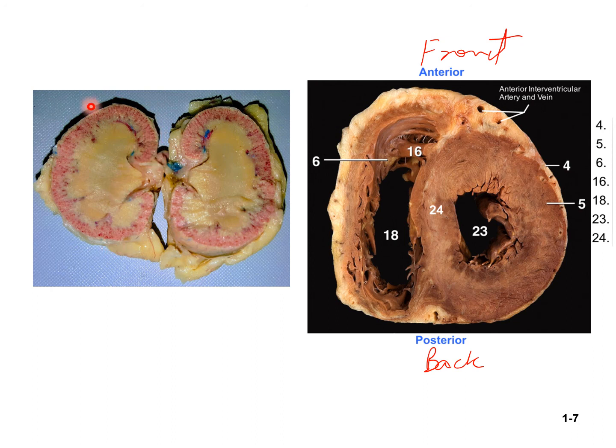The whole kidney looks like a kidney bean shape, right? So what you're looking at right now is the frontal or coronal section of the kidney. A frontal section of the kidney would give the front and back portions of the kidney, whereas the transverse section would give the top and bottom portions. Let's just say you want to make a transverse section of the kidney. You'll cut the kidney this way along.